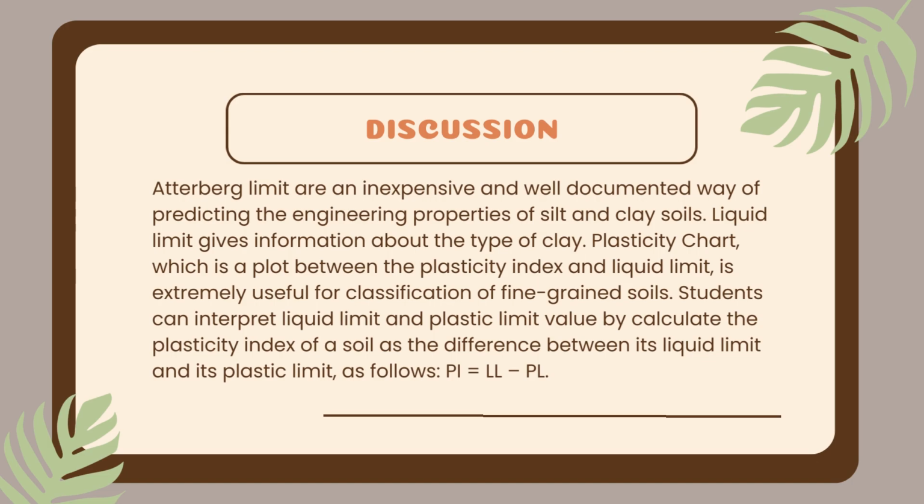The plasticity chart, which is a plot between the plasticity index and liquid limit, is extremely useful for classification of fine-grained soil. Students can interpret liquid limit and plastic limit values by calculating the plasticity index of a soil as the difference between its liquid limit and its plastic limit, as follows: plasticity index equals liquid limit minus plastic limit.